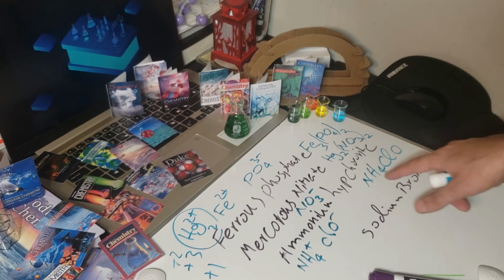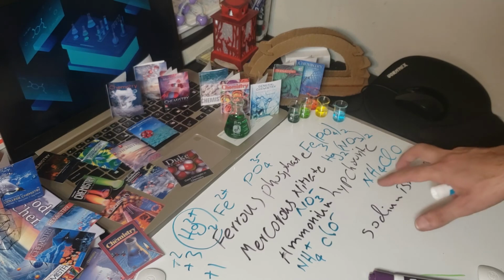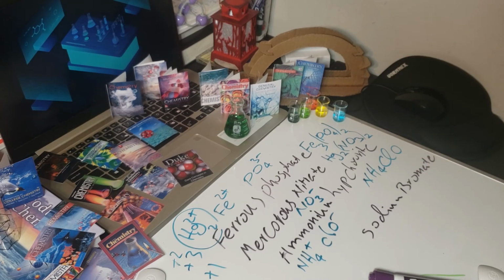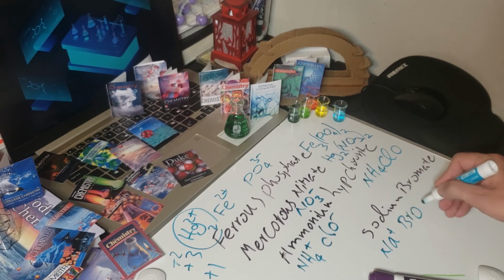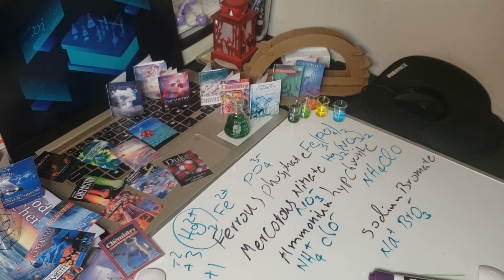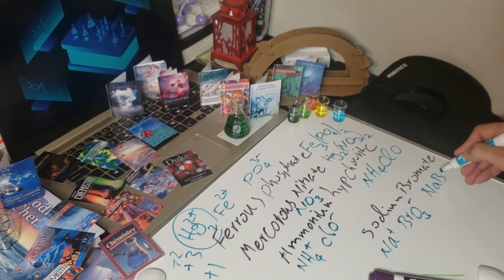You just write them down in sequence of cation, and then followed by the anion, and that's it. Sodium bromate, again Na plus and BrO3 minus, that's bromate. And NaBrO3, that's the formula, because the charges are again the exact same charge.